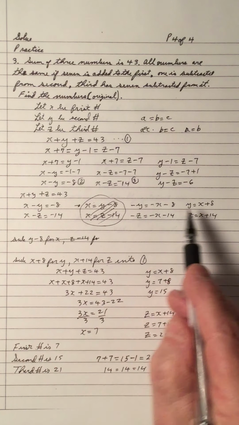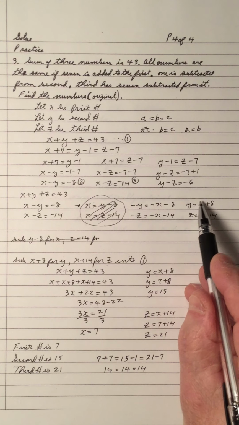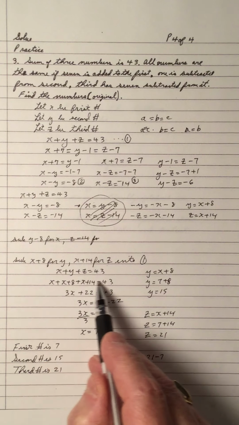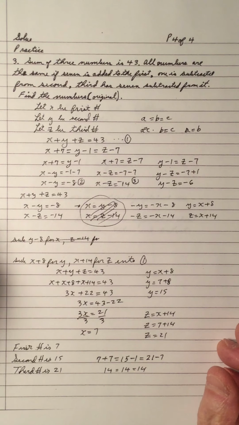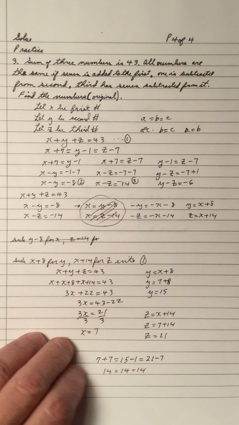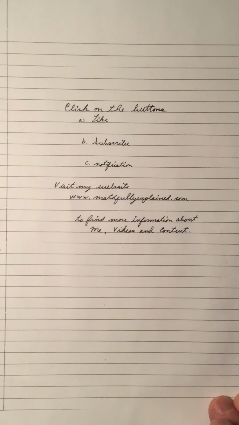I took this equation, solved it for z, so z is in terms of x. So subbing these for y and z into this equation, I have all x's, which I'm able to find the x value. A good strategy that you might need or you might never need. But we always check to make sure. We give you exposure to different types of problems.